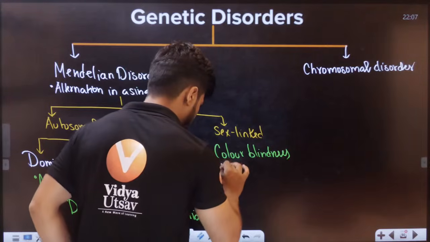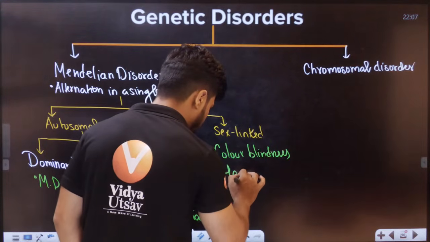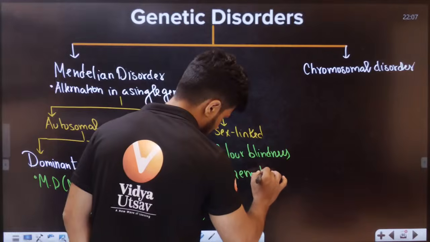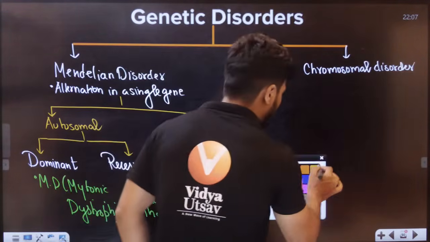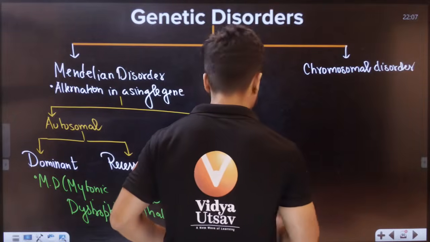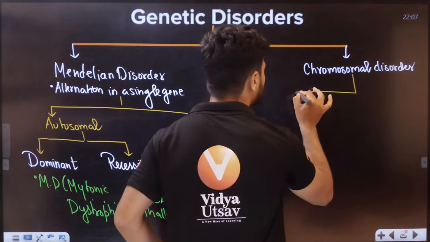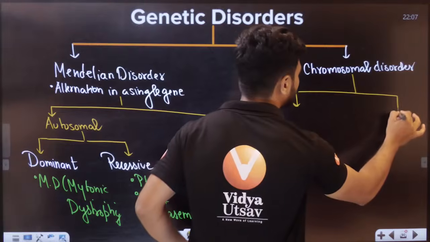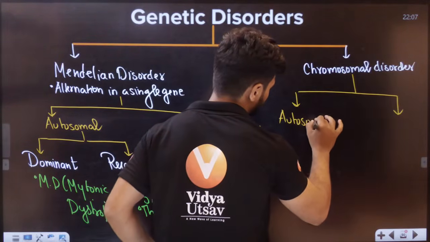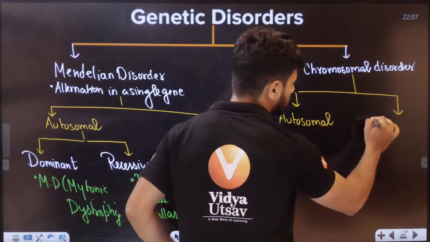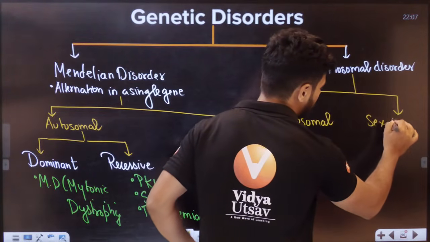Then we have the entire hemophilia. Okay. Now, under chromosomal we also have autosomal or sex linked.